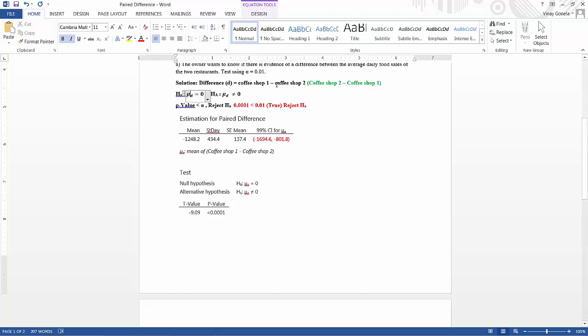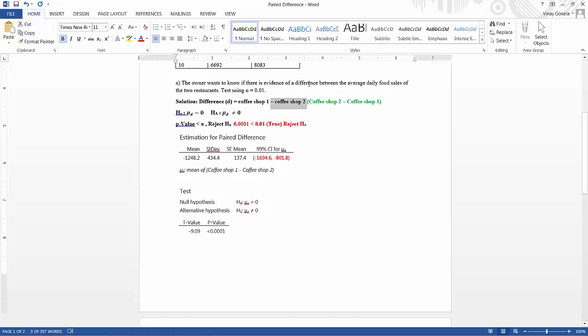So clearly coffee shop 2 has higher values compared to coffee shop 1. Our conclusion would be there is a difference, because we reject H null.